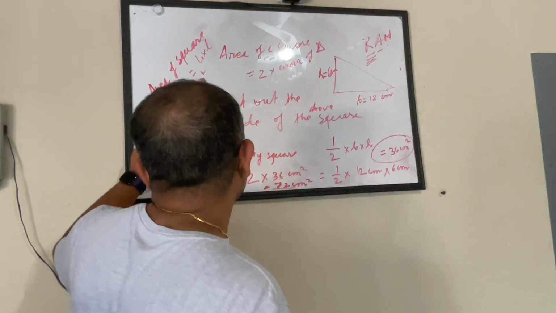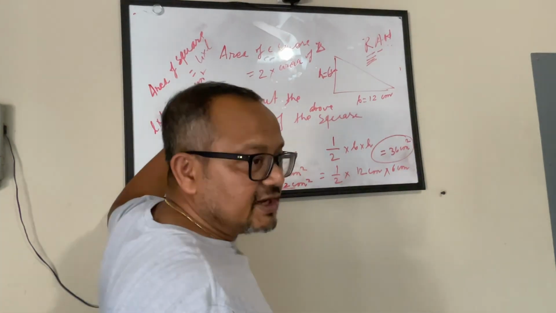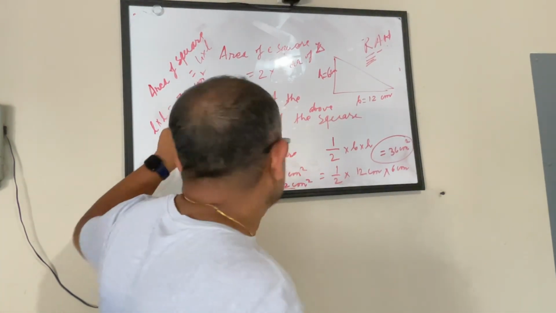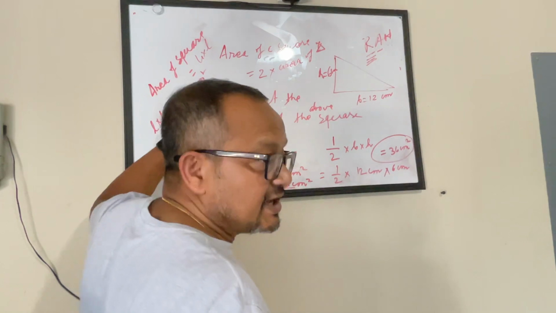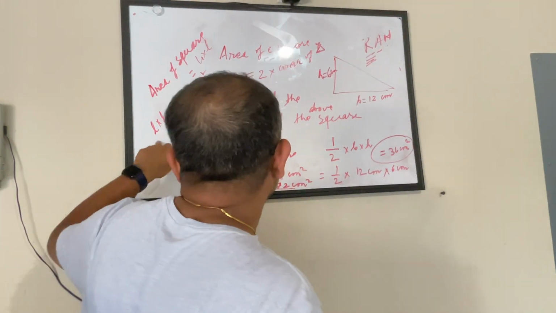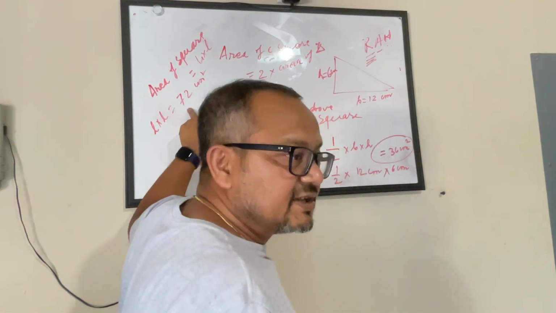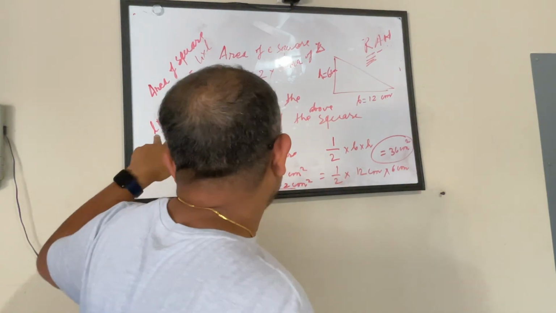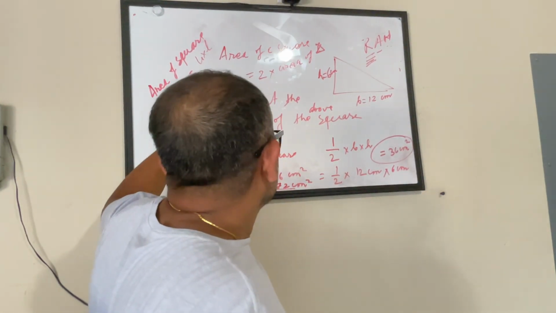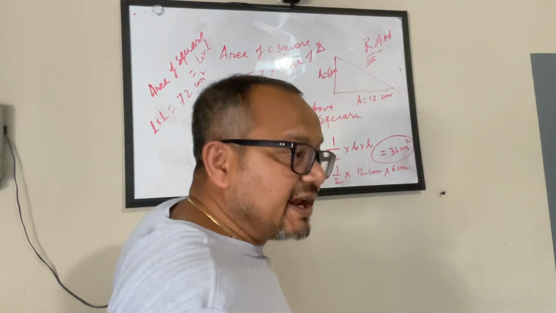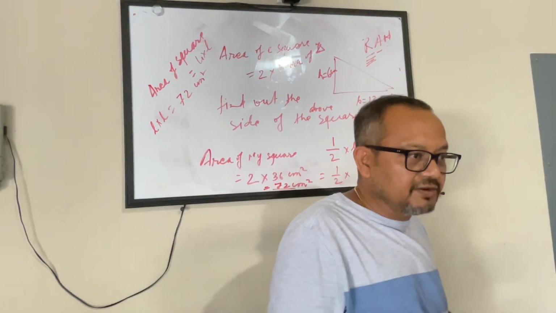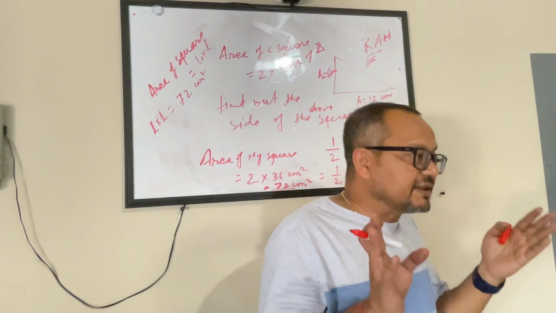Length is 6 times 6, 36. That is not the case. Length is 7 times 7, 49. It is still less than that. 8 times 8, 64. Still less than this. 9 times 9, 81. So my length is between 8 and 9 centimeter. Okay? Length of the square is between 8 and 9 centimeter.